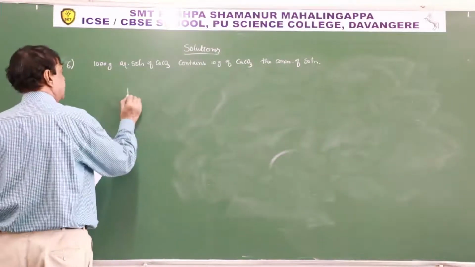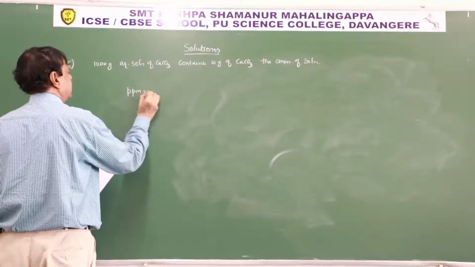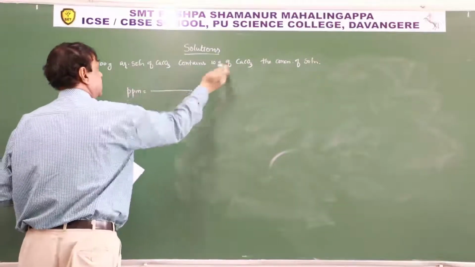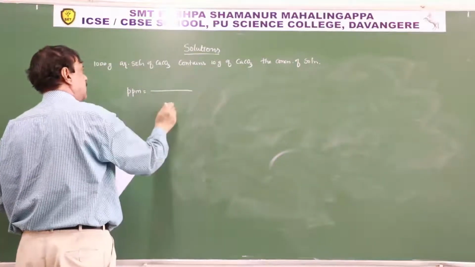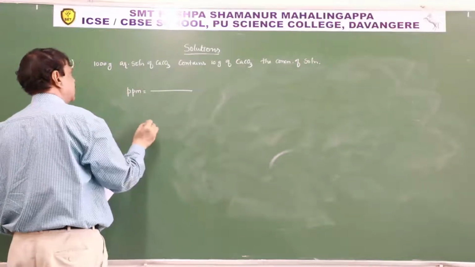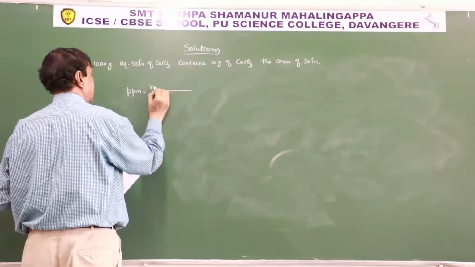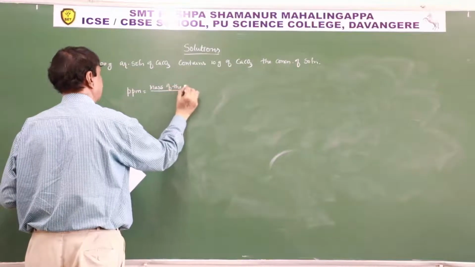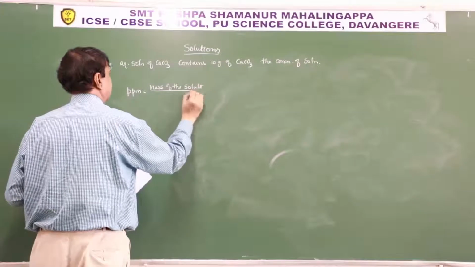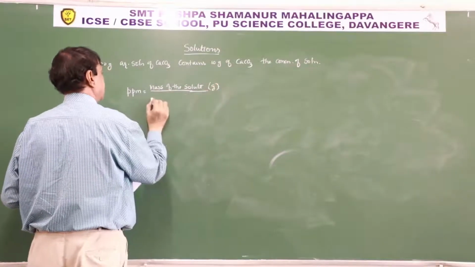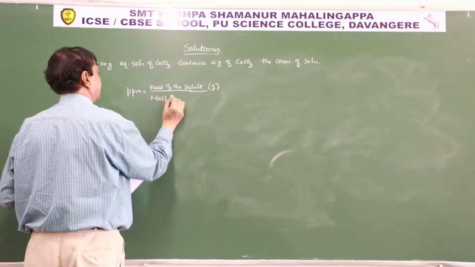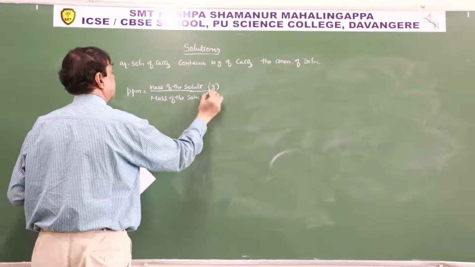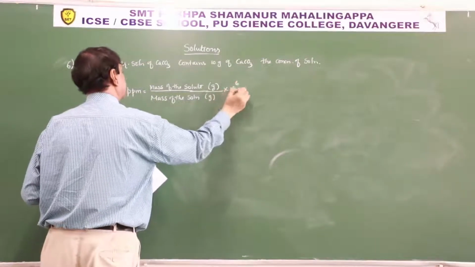You know that parts per million, for an aqueous solution, is in terms of mass of the solute in gram divided by mass of the solution in gram, into 10 to the power of 6.